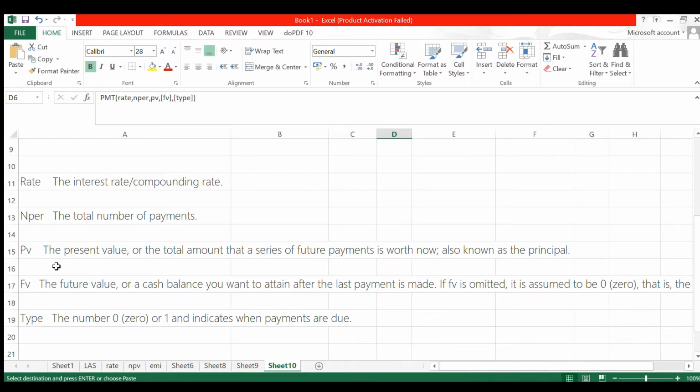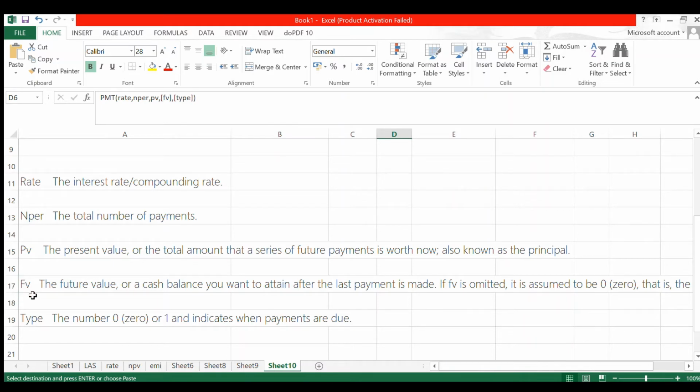The next input value is PV. It is nothing but the present value, or the total amount that a series of future payments is worth now, also known as the principal. In this case, PV will be 0 as we are not receiving any amount at present, but we are planning to receive the amount at a future date.